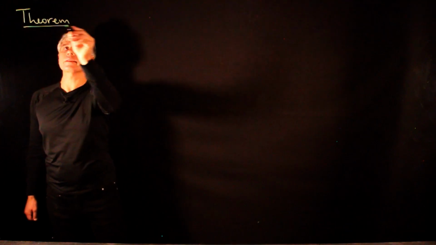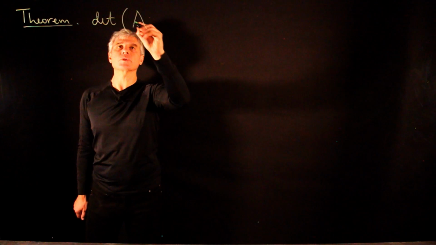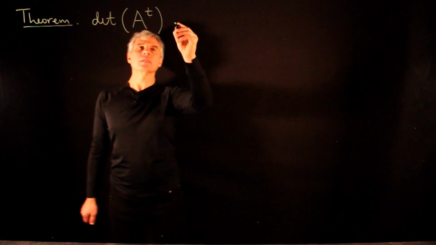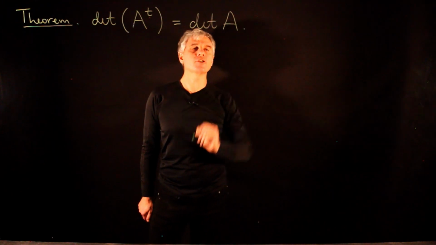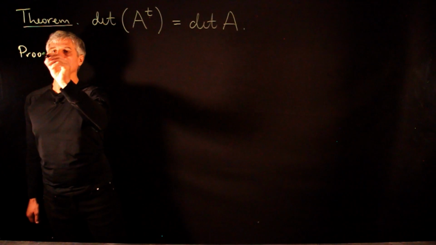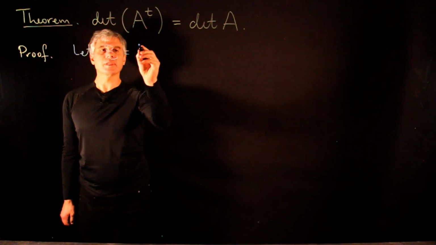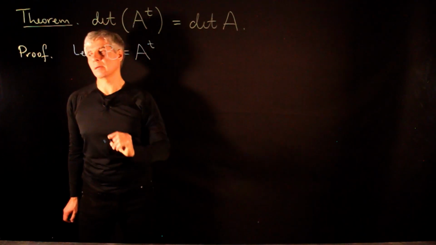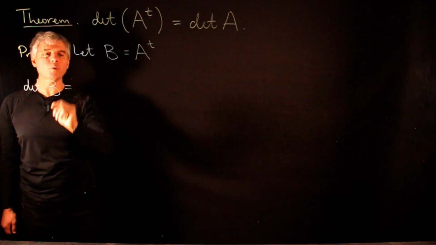And there is one more theorem that we want to prove today, which says that the determinant of the transpose of a matrix is equal to the determinant of the original matrix. So let's prove this. Let B be the transpose of the matrix A. Then we can write the determinant of B according to our formula.